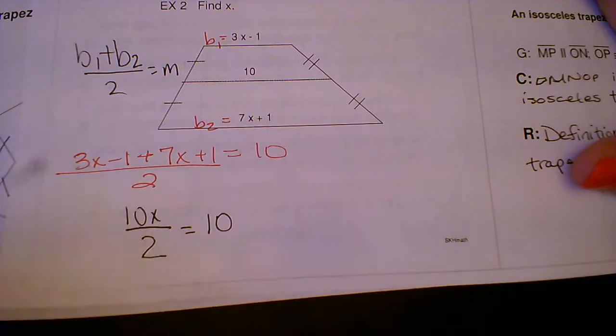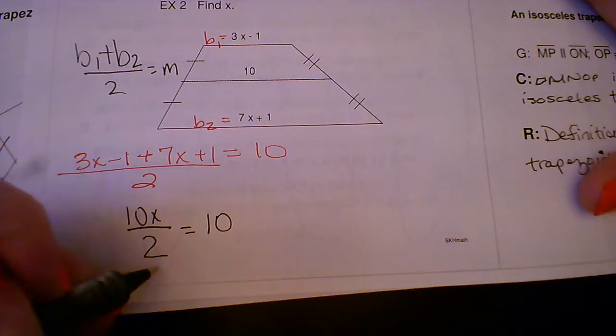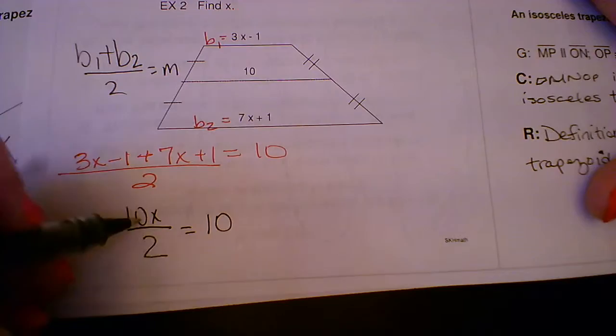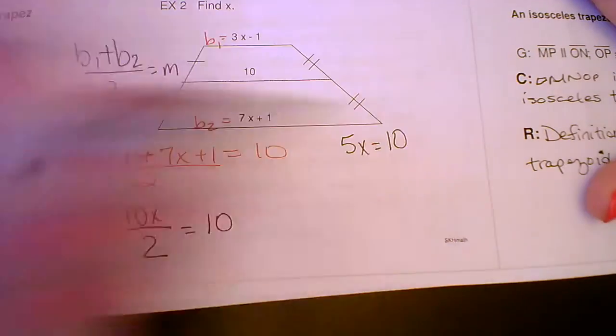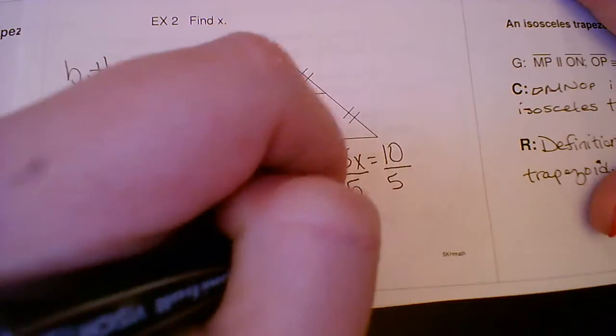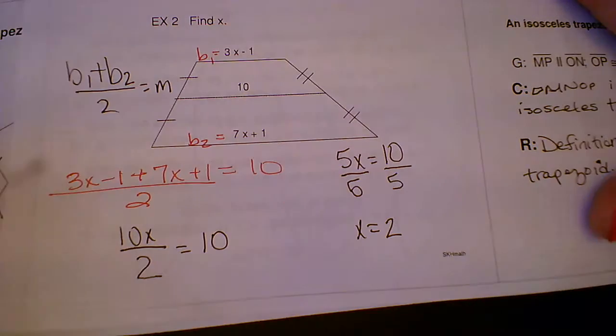You could multiply by 2 here, or just go ahead and reduce the 10 over 2. 10 divided by 2, I'm going to come over here, is 5x equals 10. Then divide by 5, so x equals 2.